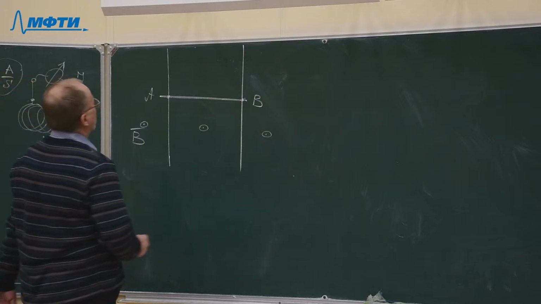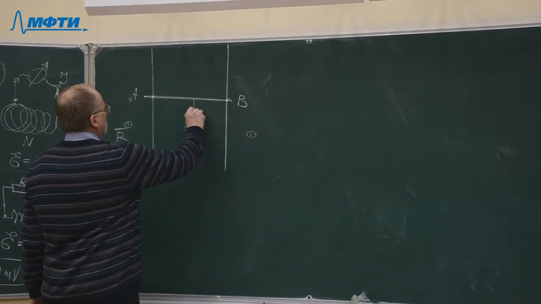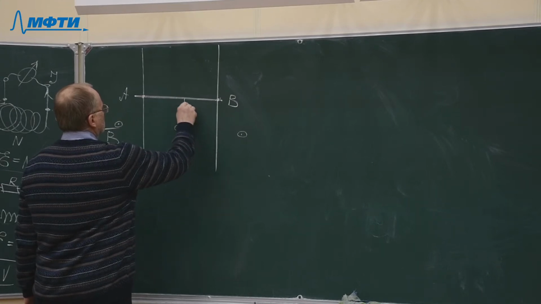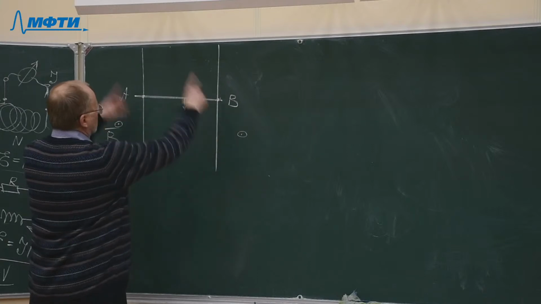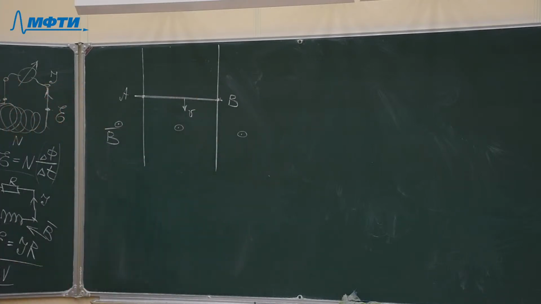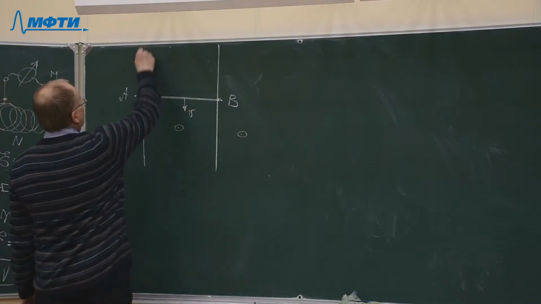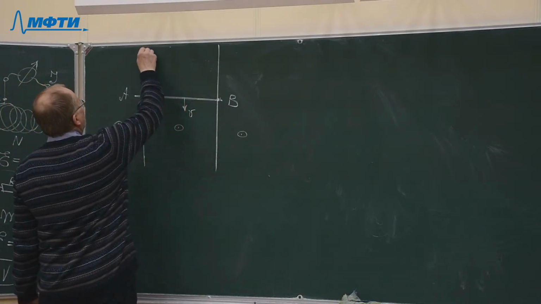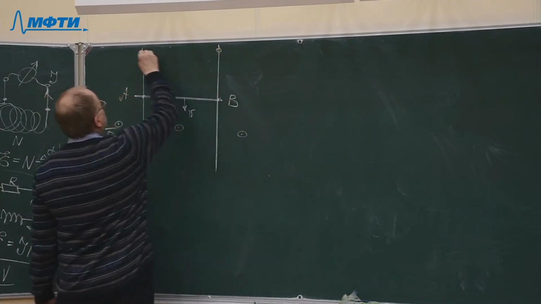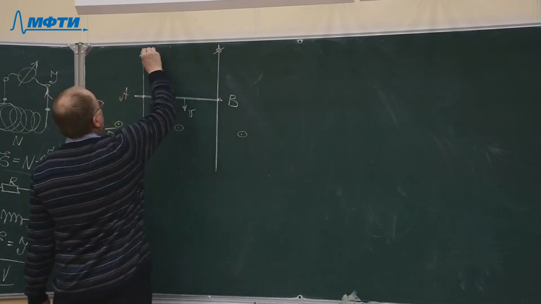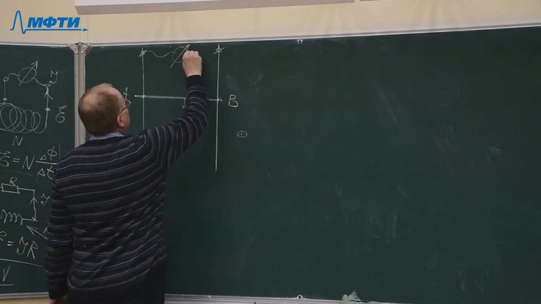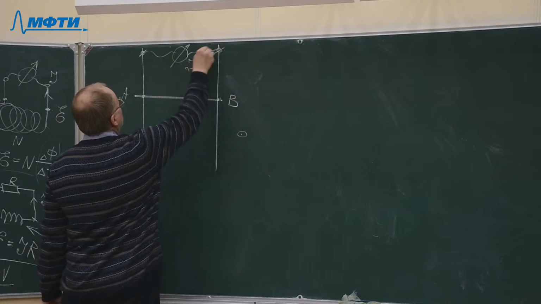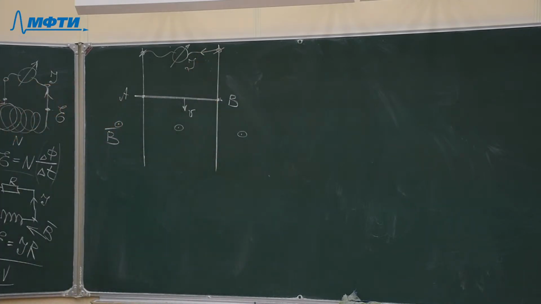And suppose this bar moves downward with some velocity, sliding along the vertical conducting rails, you may say rails or wires. And there is some device like a galvanometer to measure the electric current which may originate here.